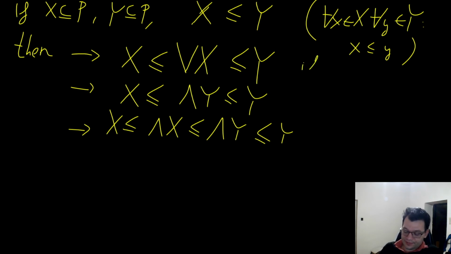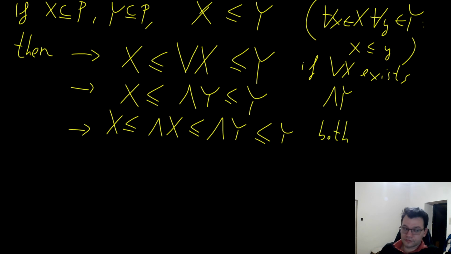So if these notions exist, the supremum and the infimum, then they can be pegged nicely between X and Y. And these are just single elements, whereas X and Y were sets, so sometimes it is easier to focus on one single element of the poset instead of a whole set of elements.